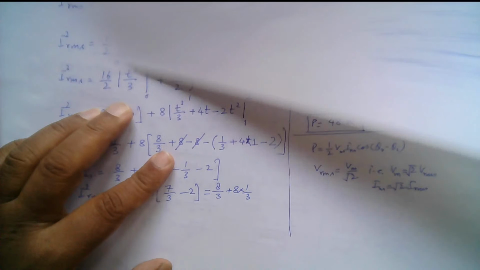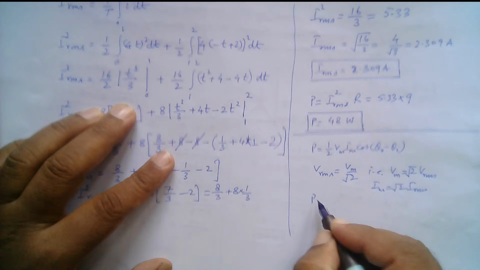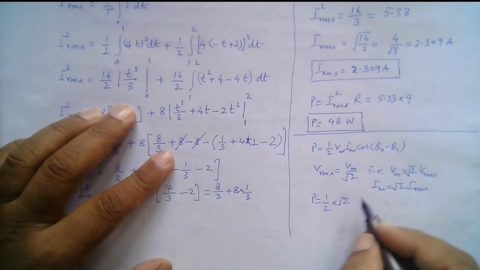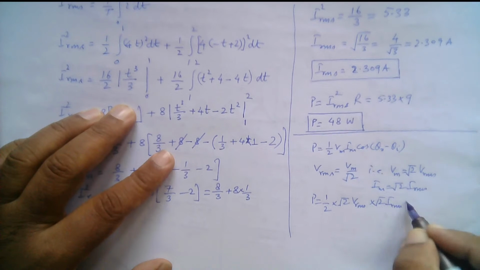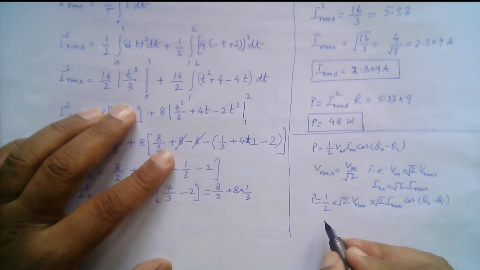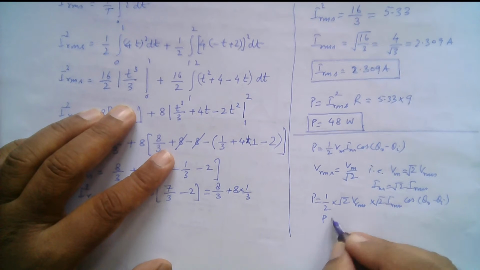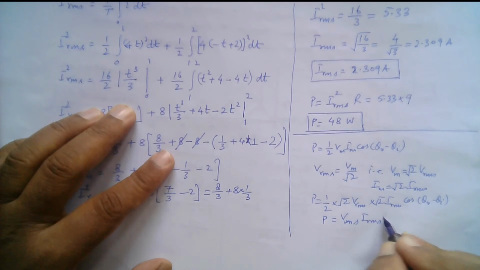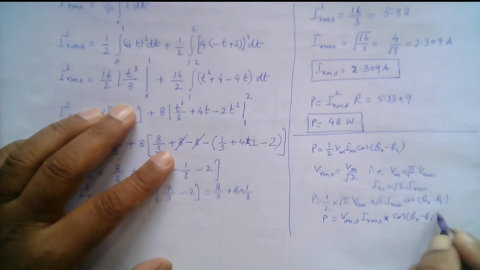So substituting these values of Vm and Im over here, this will be 1 over 2 multiplied by square root of 2 Vrms multiplied by square root of 2 Irms cos of theta V minus theta I, which is the angle of the impedance. So this under root 2 multiplied by square root of 2 cancels out. So P is equal to Vrms multiplied by Irms multiplied by cos of theta V minus theta I.